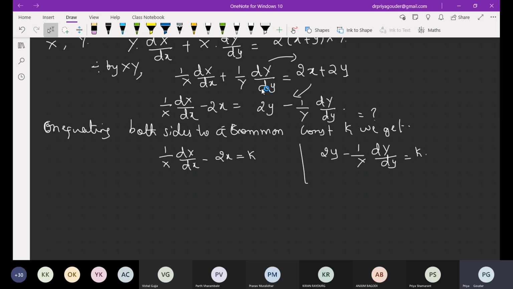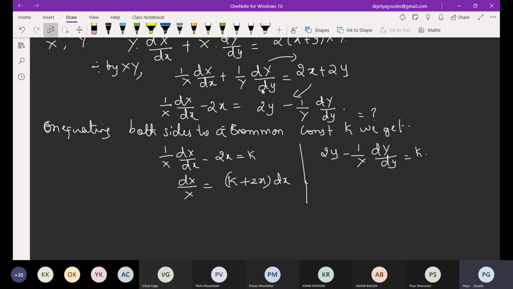For that reason, I'll keep the capital X terms here, so dX upon X I will keep. Next, I'll first transfer minus 2x, so it will be plus 2x. After that, what is to be transferred to separate? Isn't it small dx, which comes in the numerator?